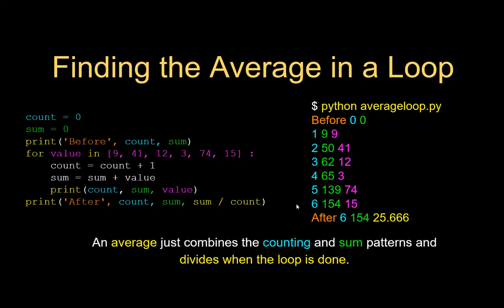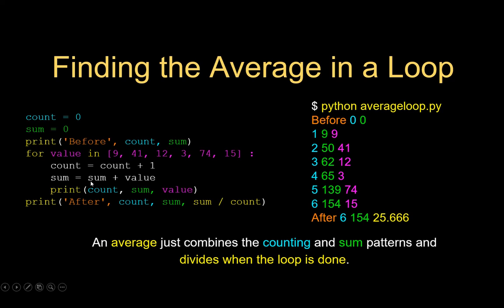We're going to have a loop statement for that set, and inside the loop, for each time we run this, add 1 to the count and save it as count. And we're going to have the value added to the sum.